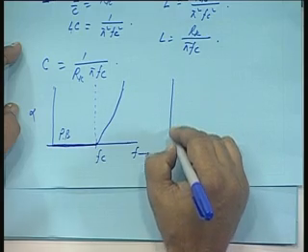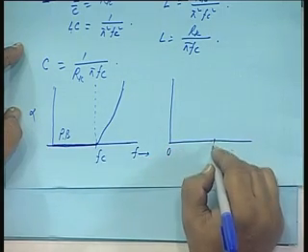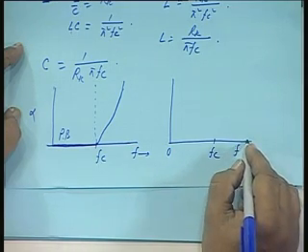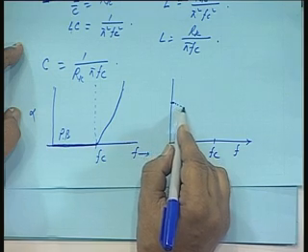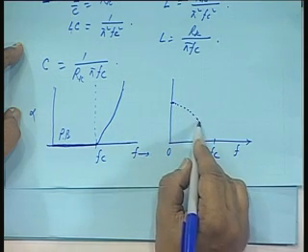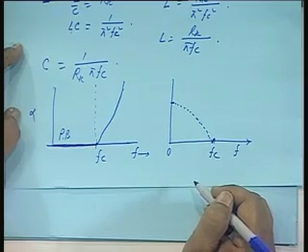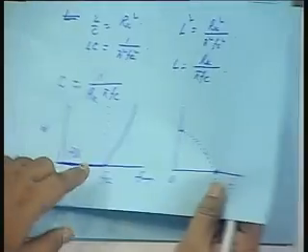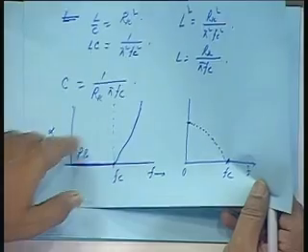Similarly, beta in the pass band will be falling to 0 like this. We will get the expressions for alpha and beta very soon.